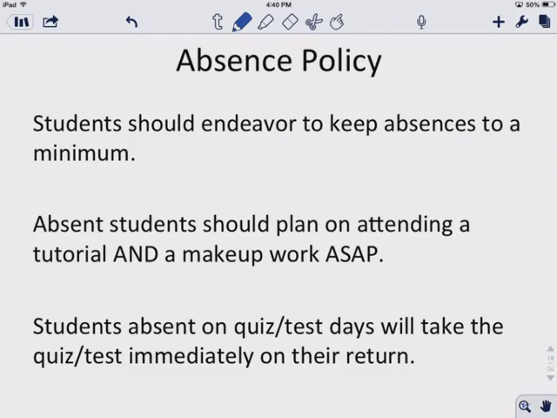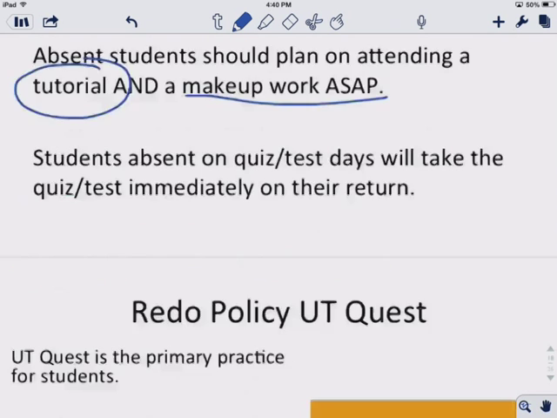Students should plan on attending a tutorial session to understand the information and make up the work as soon as possible. A student absent on quiz or test day will take the quiz or test immediately upon return. So if you missed a test, you'll take that test as soon as you return to class, so that we don't wait a couple weeks in between and lose the information. We take it as soon as we get back.